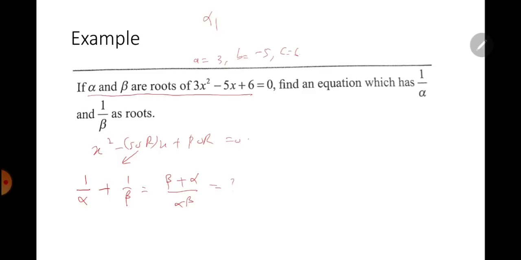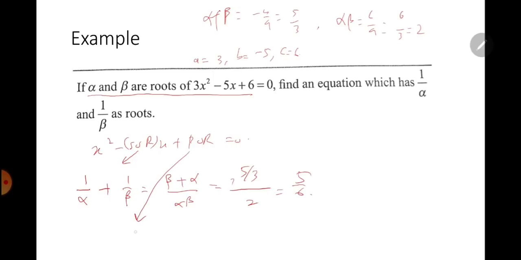So alpha plus beta will be negative b over a, which is 5 over 3, and the product of roots alpha beta is c over a, which is 6 over 3, which is 2. Now plug these into the sum of roots. You will get 5 over 3 over 2, which is 5 over 6. That's the sum of roots for the new equation.